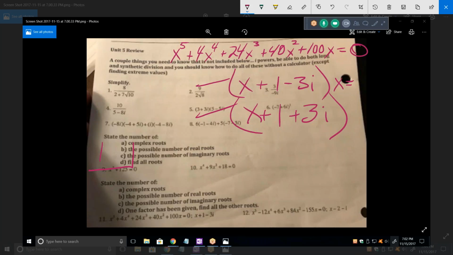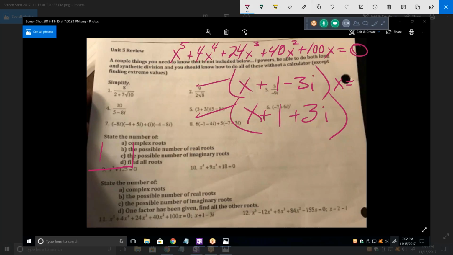So if x plus 1 minus 3i is the factor, what is the 0? I shouldn't really call it the 0. I should call it the root, because it's improper to call a complex number a 0, because it doesn't really cross the x-axis. So it's a root, but it's not a 0.